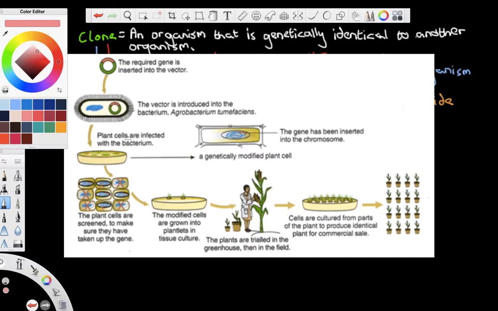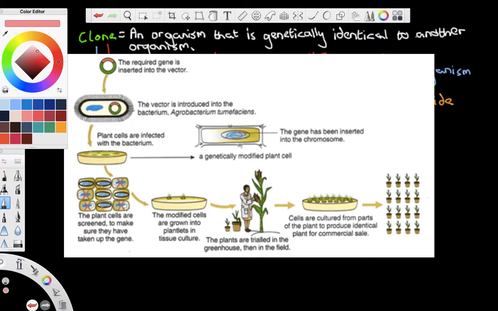We then infect the plant cells with that bacteria. This can make a genetically modified plant cell. Because this bacteria has infected the plant cell, it's inserted this plasmid, which has made a GM plant cell.